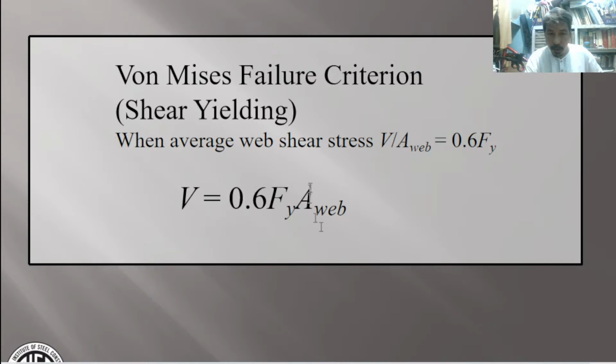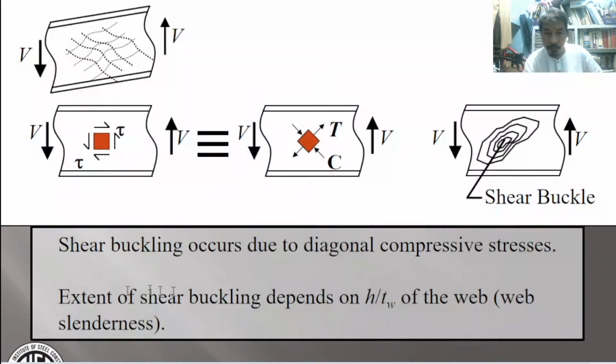So, 0.6 Fy times the area of the web. So, we do not need to include the area of the flange. Those are negligible. So, just like this. This one will cancel each other, but will be felt like this. So this is the proper directional convention.